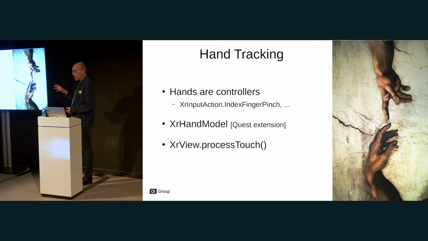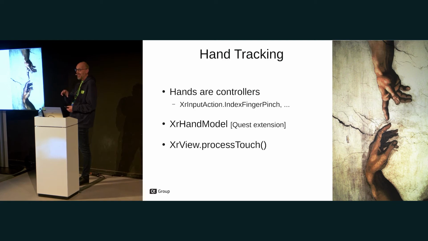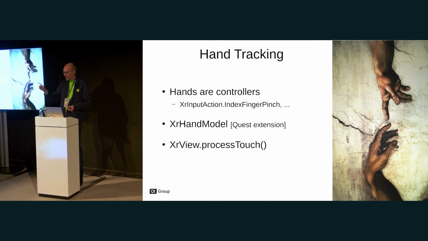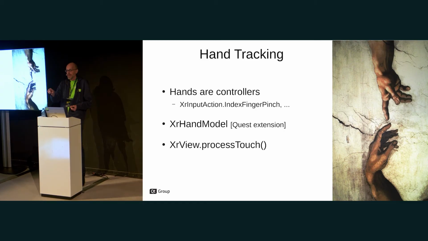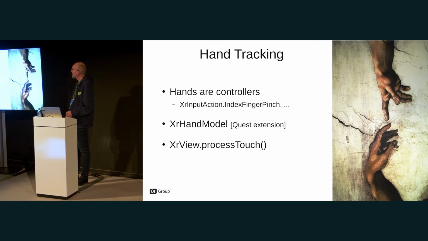The Apple Vision Pro will show the real hands of the user, so the XR hand model would not be useful there. Then for touch events in XR, we have the process touch function inside XR views. So let's look quickly at how this might look.